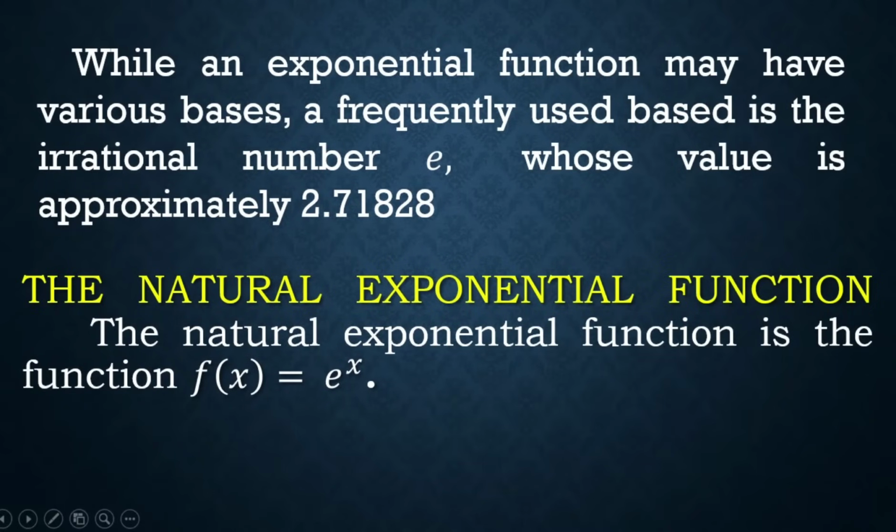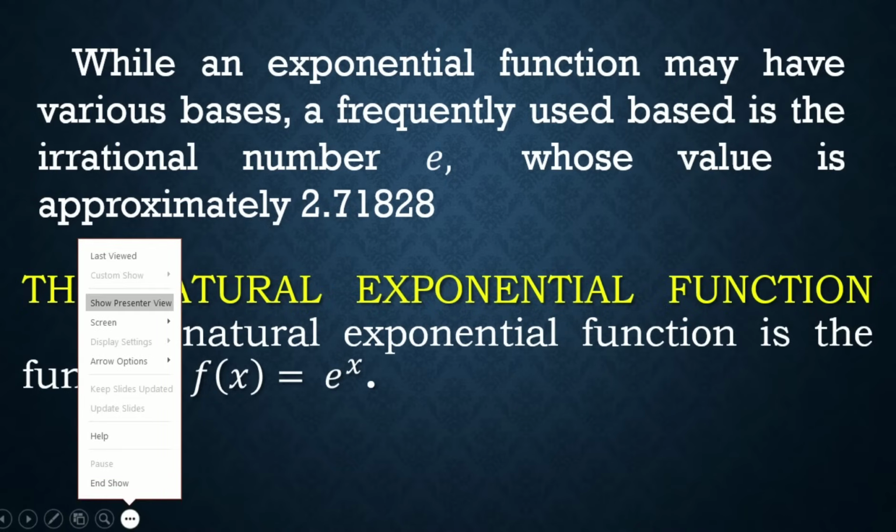While an exponential function may have various bases, a frequently used base is the irrational number e, whose value is approximately 2.71828. So yan yung tinatawag nating natural exponential function. Kapag yung base natin ay e, or that is approximately 2.71828. Sa calculator nyo, saan ba makikita yung natural number na yan?